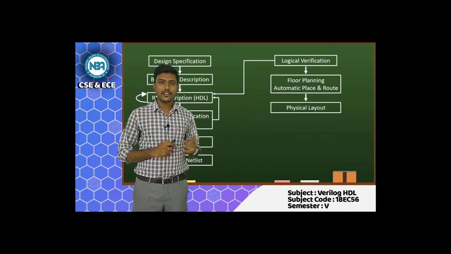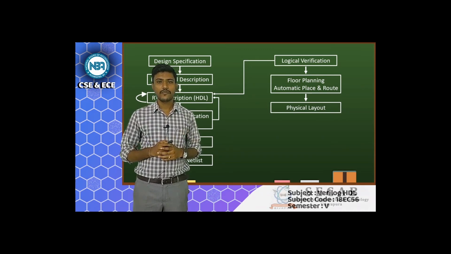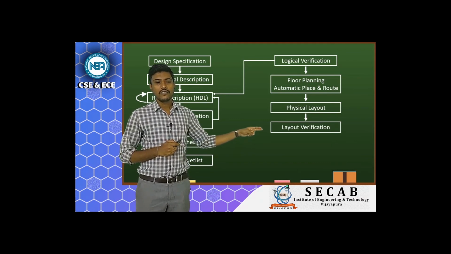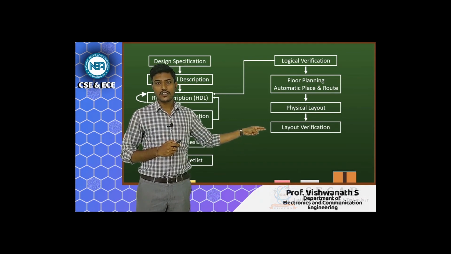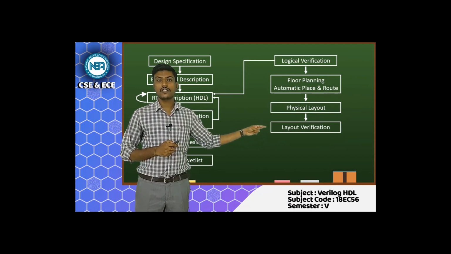Once the transistor level is ready, we need to wire up the whole transistor level circuit, and again we need to verify. Once the layout is prepared, we need to verify whether the functionality has changed or not.